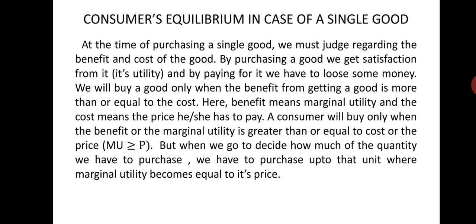But when the marginal utility of the commodity is equal to the price, that is the point where we have to stop our purchasing process or our consumption, because at that point only we can get maximum satisfaction.